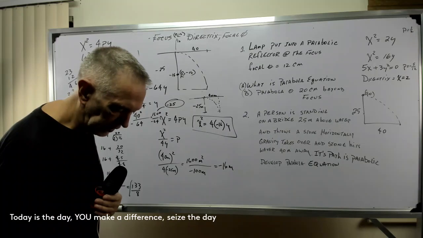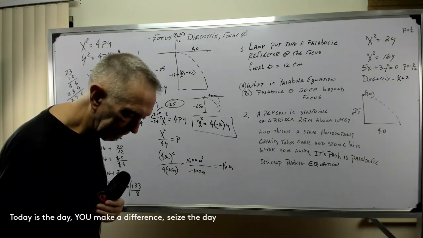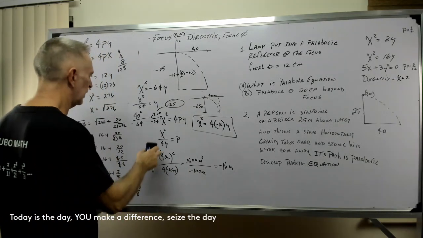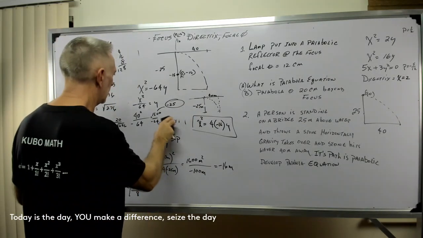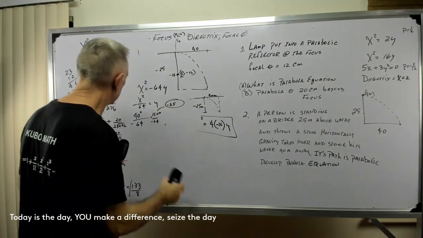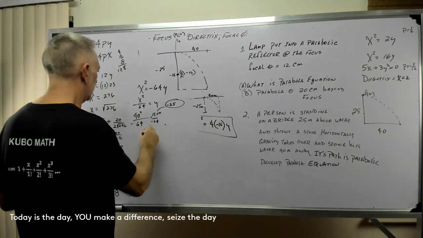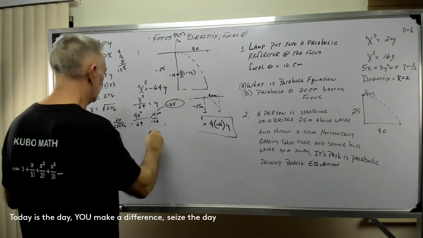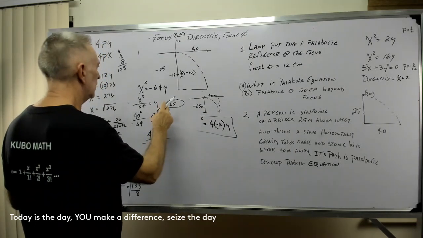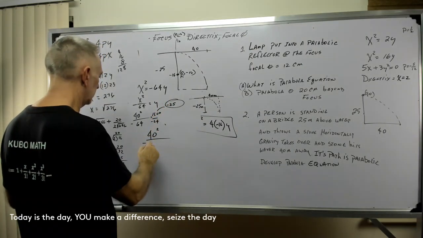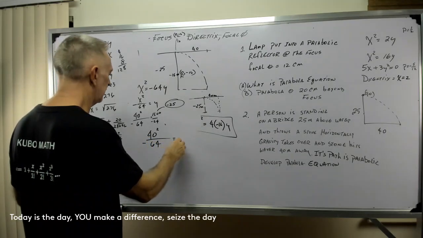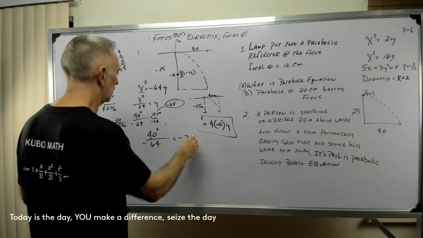Let me grab my calculator and confirm that. Yes, we're looking good. It's just a little messy though. So we could confirm then that 40 squared, we had x squared divided by the value of 4p, which was negative 64, and that gave me my negative 25.